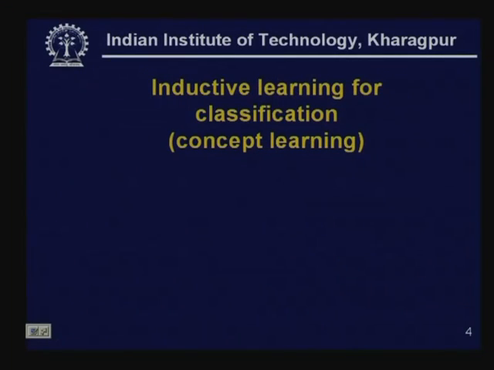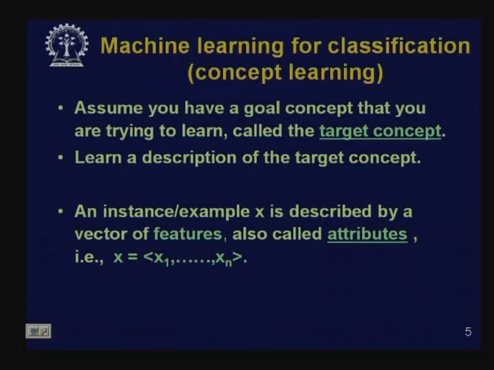So, in the last class we talked about concept learning or inductive learning for classification. This problem has already been introduced to you, and let us review the problem again. The assumption is that you have a goal concept that you are trying to learn, and we call this a target concept. The target concept could be a description.